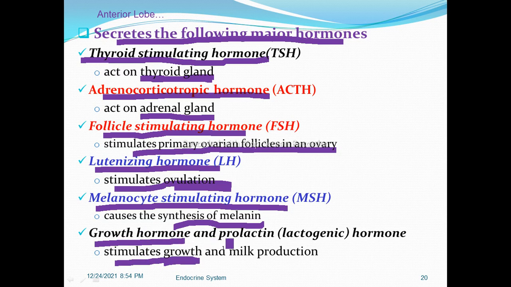And the other hormone is prolactin, or lactogenic hormone, which is used for milk production. The prolactin hormone is secreted at the time of birth, when the woman is approaching birth. Prolactin is produced and milk production starts.